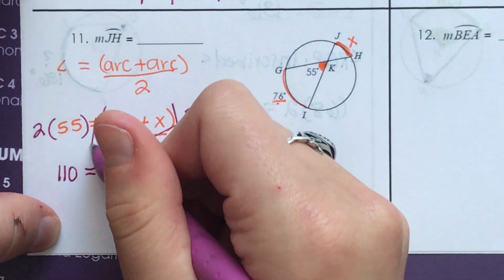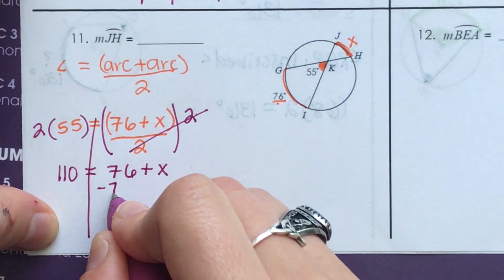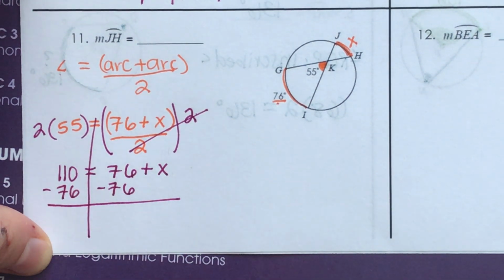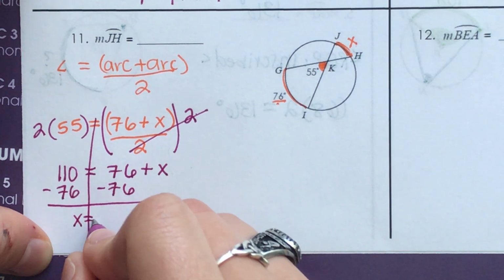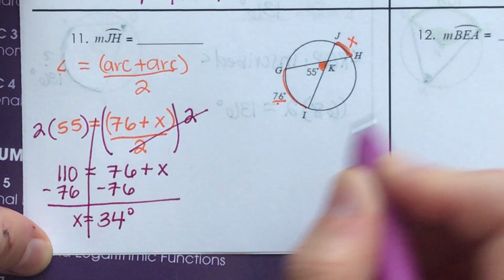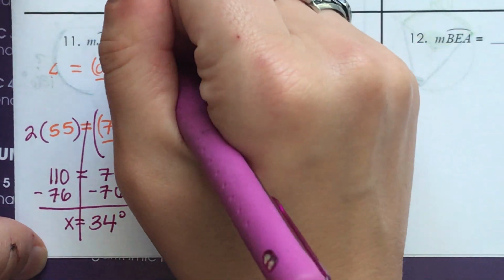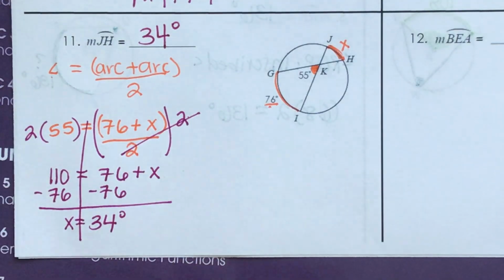And then to get the x by itself, I subtract 76. And I get x equals 34 degrees, and the x is the arc JH, so I am finished. The answer is 34 degrees.